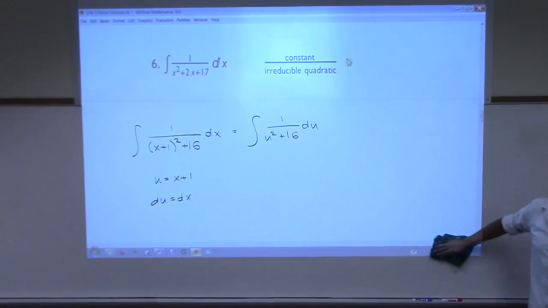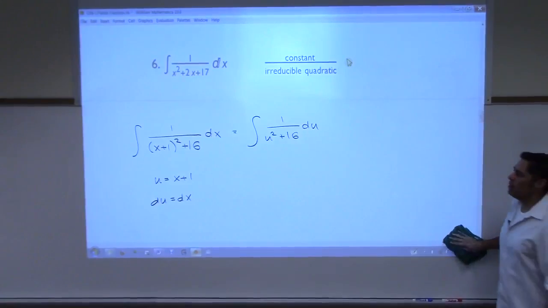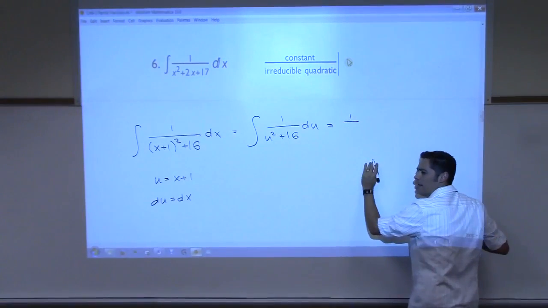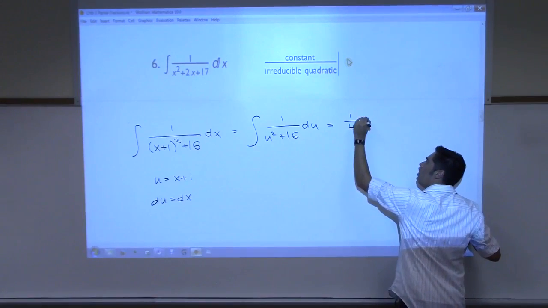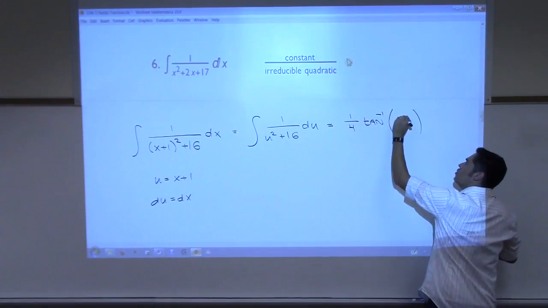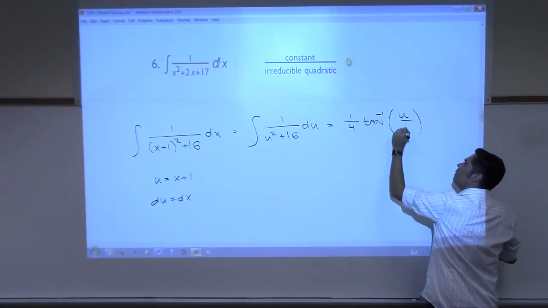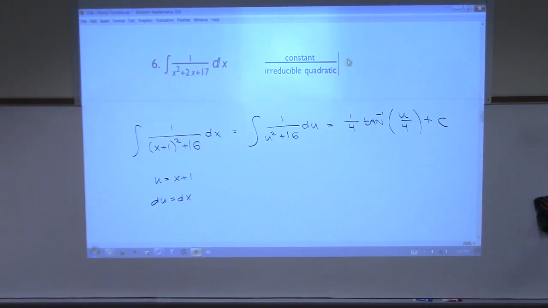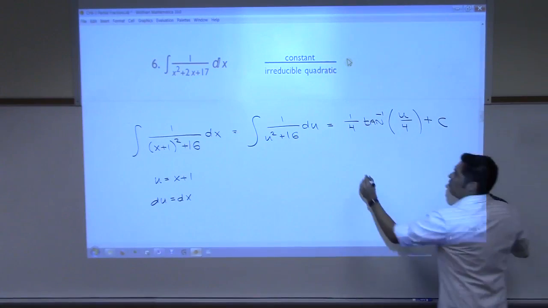And that I can use my arctan formula for. The arctan formula is 1 over a, so 1 over, what's a? 4. Arctangent of u over 4 plus c. And the final step would be to replace u with x plus 1.